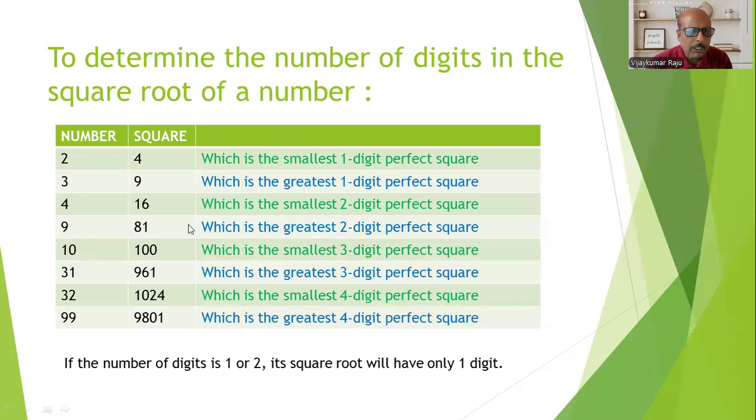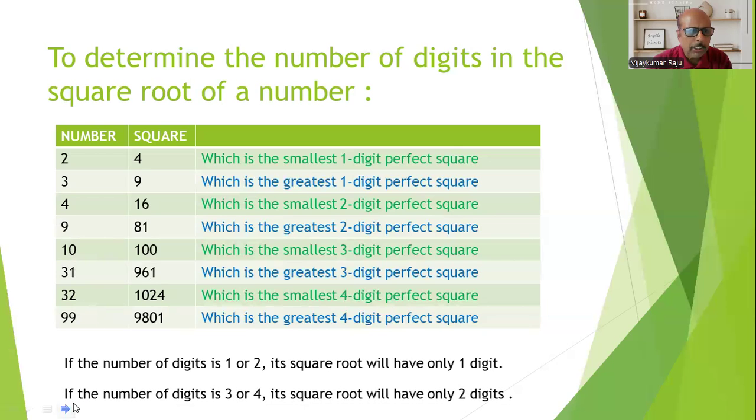For three-digit and four-digit numbers, the square root will have only two digits. So see the next statement: if the number of digits is 3 or 4, its square root will have only two digits.